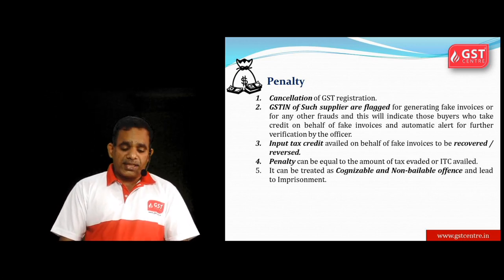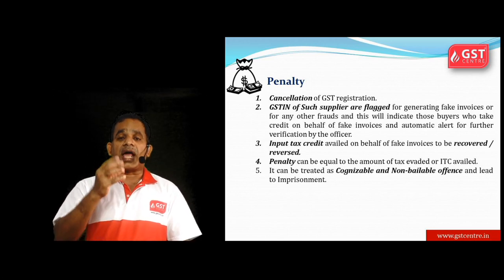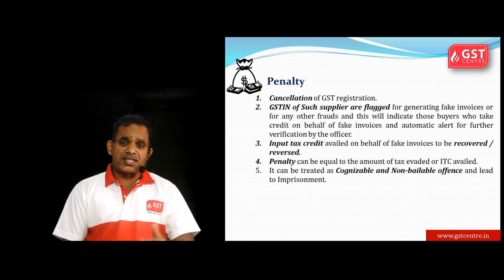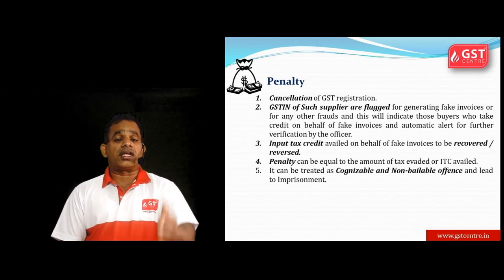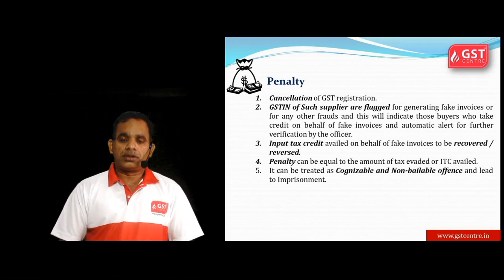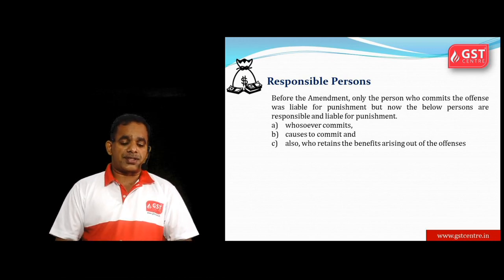Then penalty can be imposed, which is equal to the amount of tax avoided or ITC availed, and there can be a chance of cognizable and non-bailable offense where it can reach up to imprisonment. So severe penalties are there. Take care.